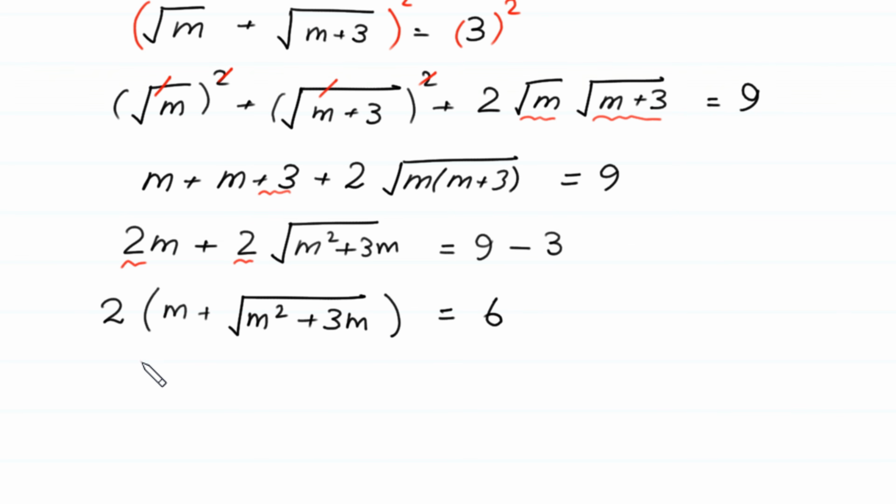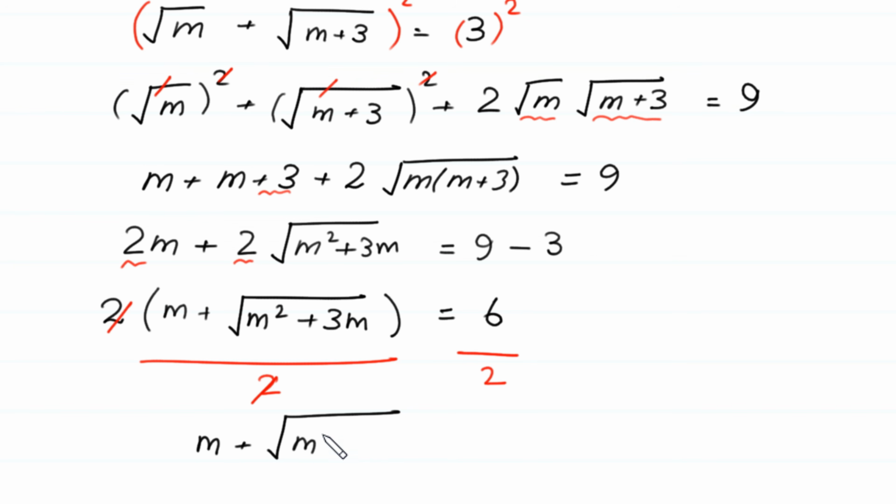And we divide both sides of this equation by 2. This 2 will be cancelled with this 2, and at left side left m plus square root of m square plus 3m is equal to 6 divided by 2, 3.